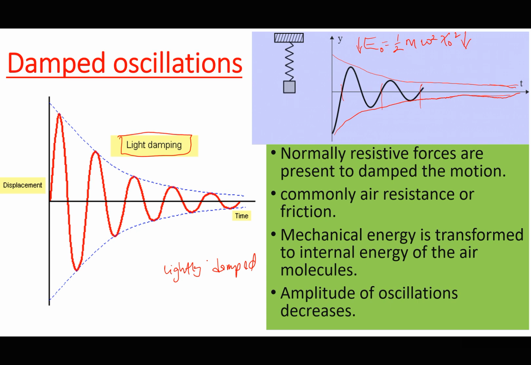And if you were to sketch an envelope around it, you notice that the decrease in amplitude is exponential, it is gradual. Normally resistive forces are present to damp the motion. Commonly it is air resistance and friction. If it is in a liquid, it could be called viscous drag, or friction between the liquid molecules and the surface of the container.